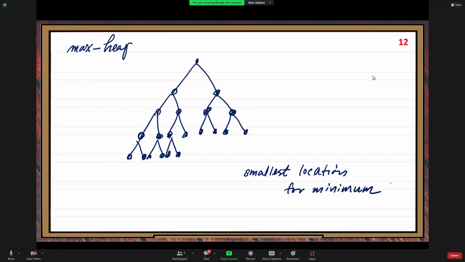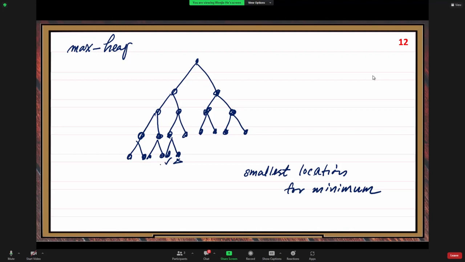Is it possible for this last location? Yes, it's possible, but not smallest, right? Is it possible here? We put the minimum here, it still follows the max heap property. Yes, it's possible.